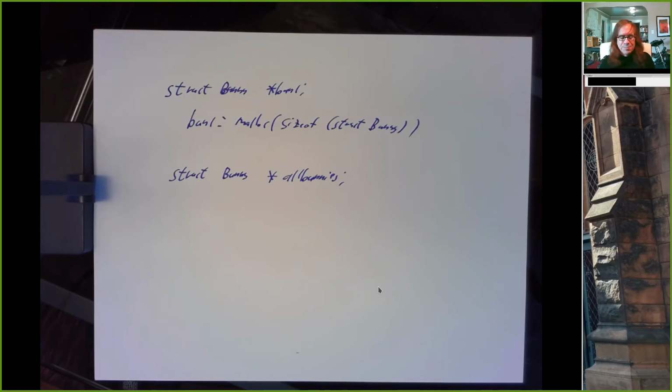Now, if you do struct bunny all bunnies bracket 5, you've made an array of 5 bunnies. If you do bracket bracket, you'll get a compile error. The only time we use bracket bracket is when you're passing an argument to a function. You can get away with doing bracket bracket, but you'll never see me write bracket bracket except when I'm saying, you know, some people also do this.